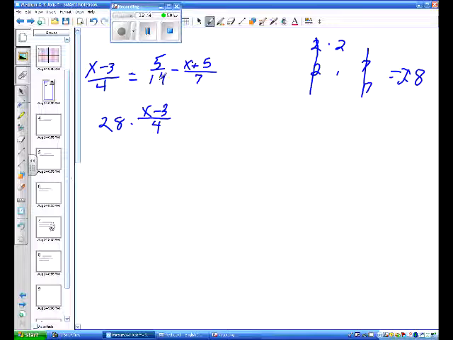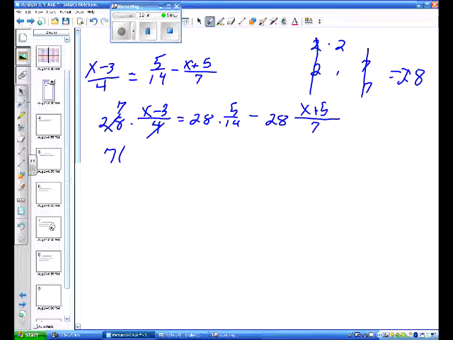So we're going to multiply each term by that common denominator. And we're actually multiplying both sides of the equation, which is using our multiplication property of equality, but we went ahead and distributed it to both those terms. So here we have 4 goes into 28 7 times.